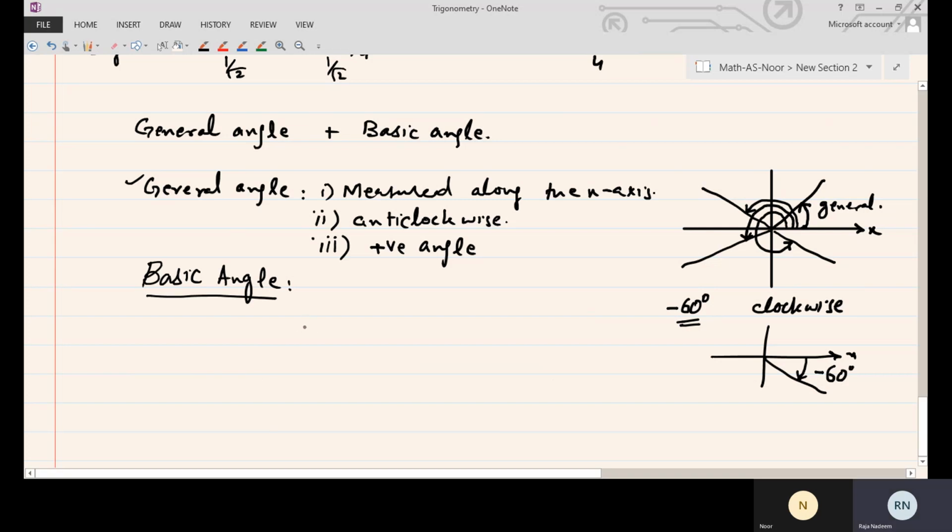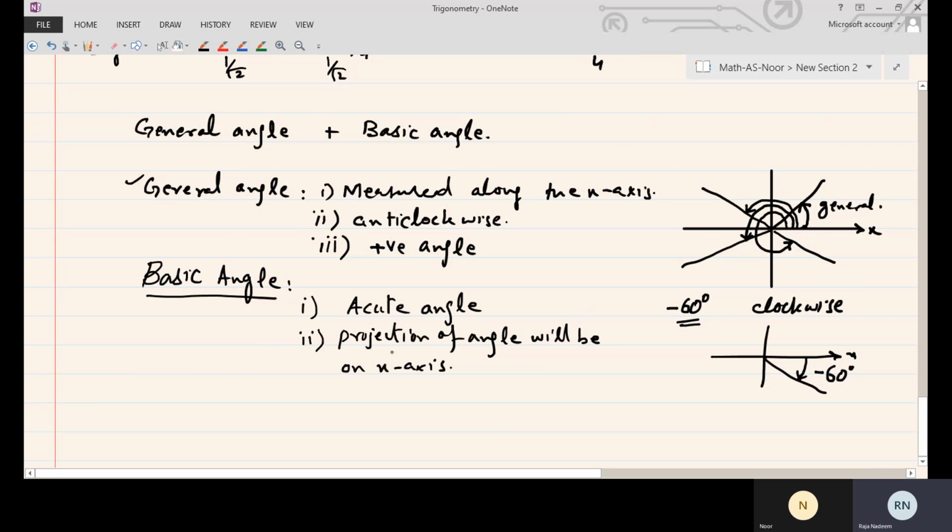Basic angle. Basic angle is always an acute angle. This is called an acute angle, and the projection of the angle will be on the x-axis.